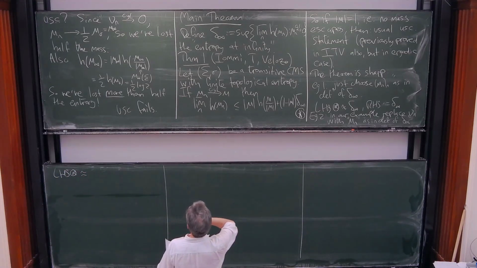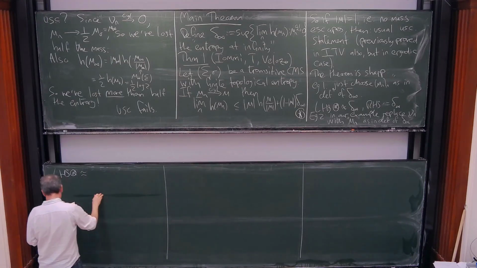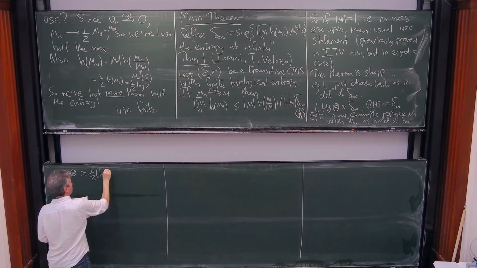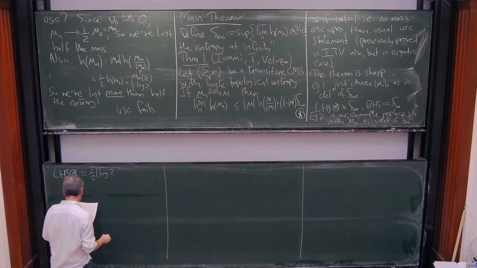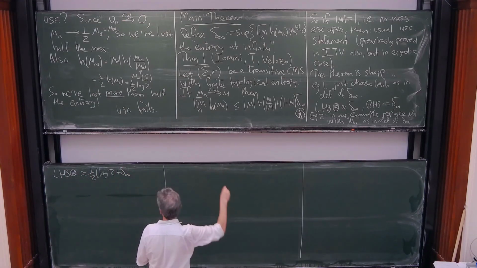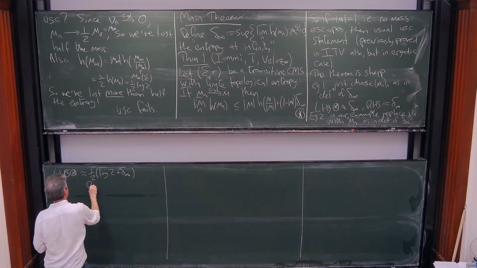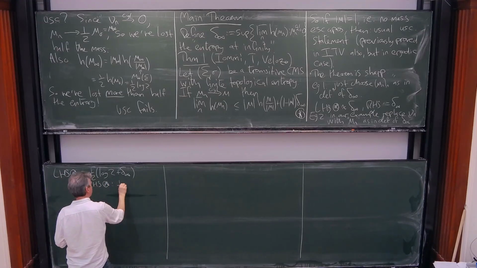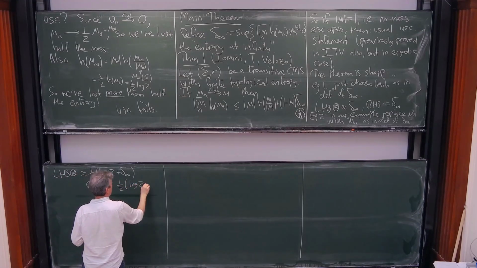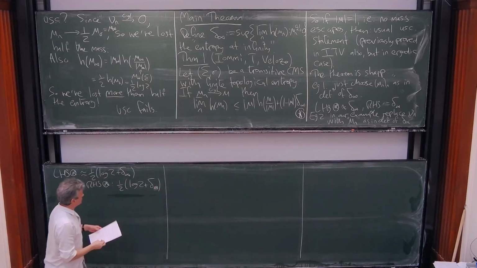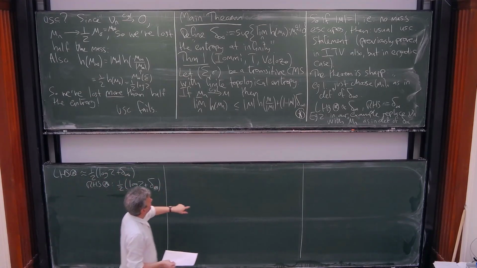So you get approximately a half log 2, because this is the entropy of the half measure, plus delta infinity instead of this log number 1, and then on the right hand side of star you get half log 2 plus delta infinity.